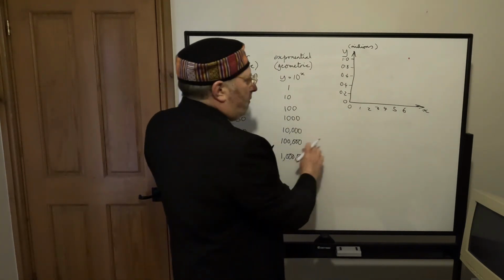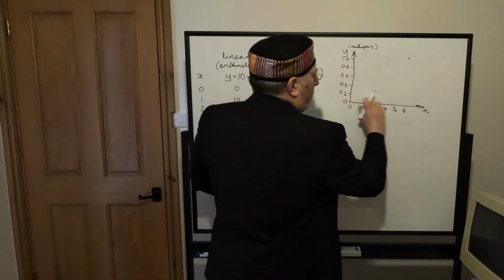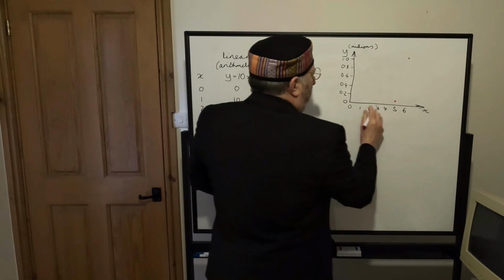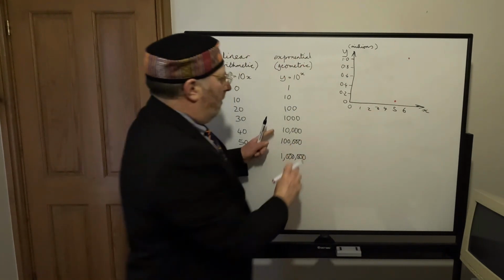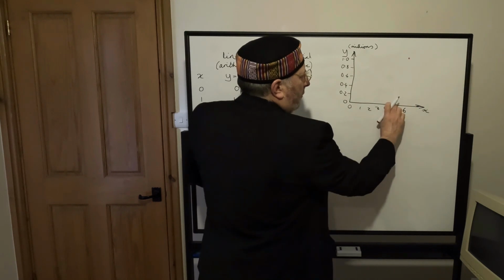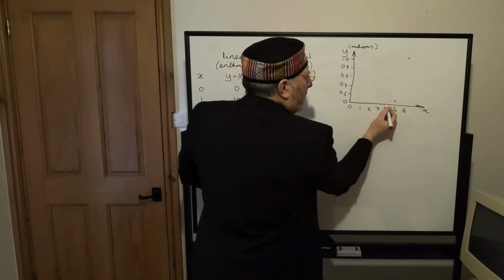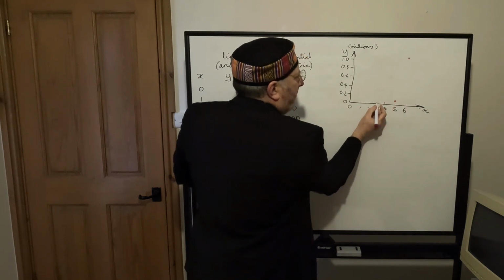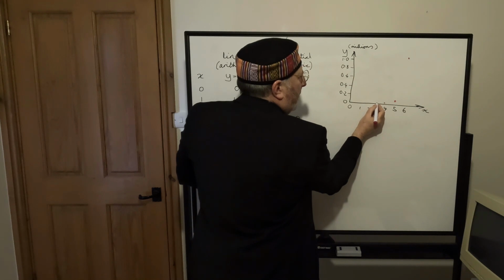So that's 0.1 million. So when x is 5, we're down here. And then when x is 4, we're at 10,000. Well, that was a tenth of that. So 10,000 is a tenth of that. So I probably put it too high there. And then when x is 3, it's a tenth, and so on.